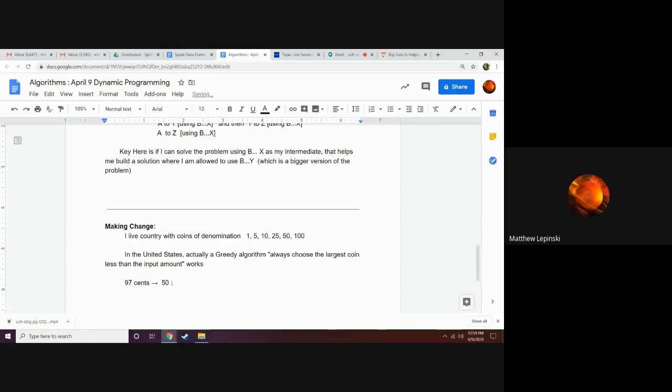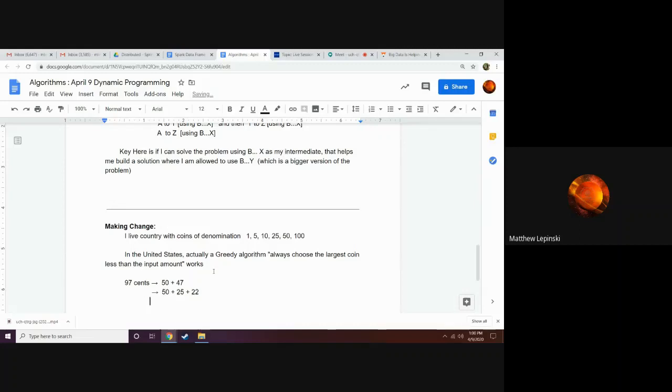So this is a 50-cent piece plus 47, which is 50 plus 25, since 25 is the biggest thing less than 47. So I use a quarter and I get, I believe, 22 cents.